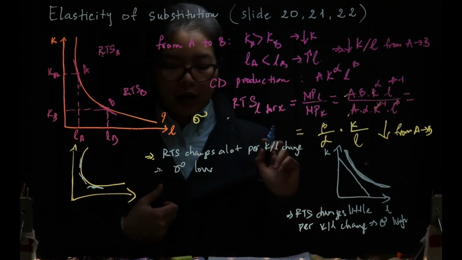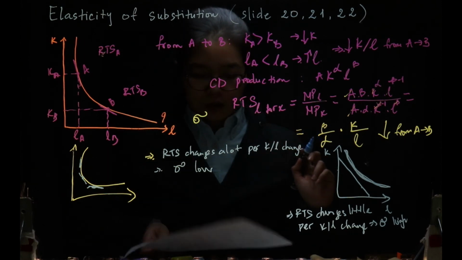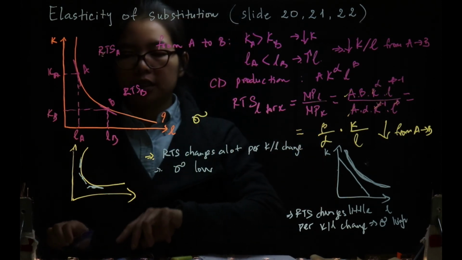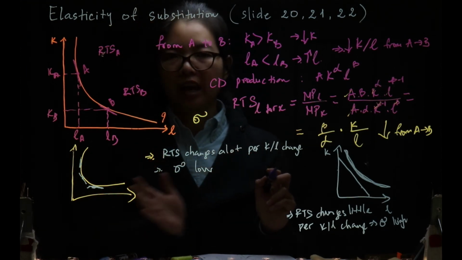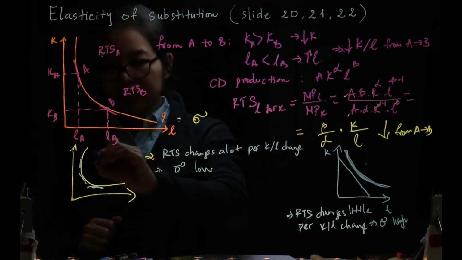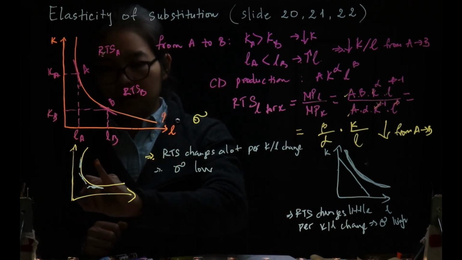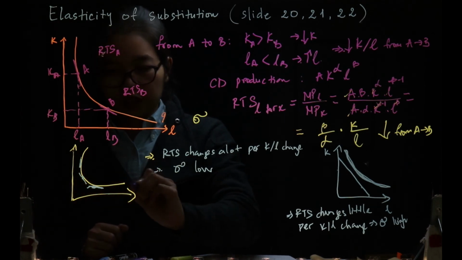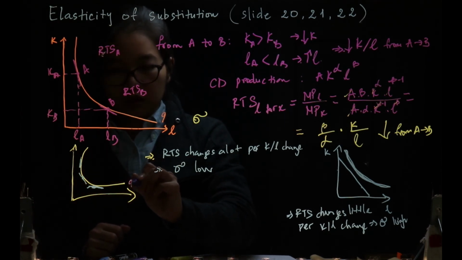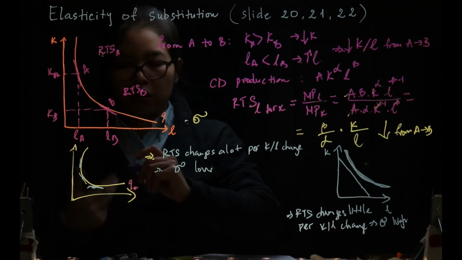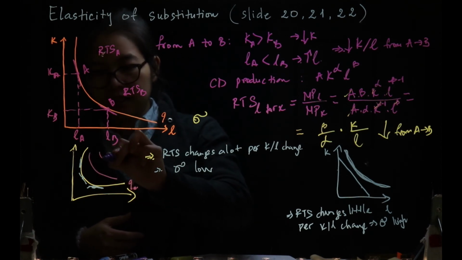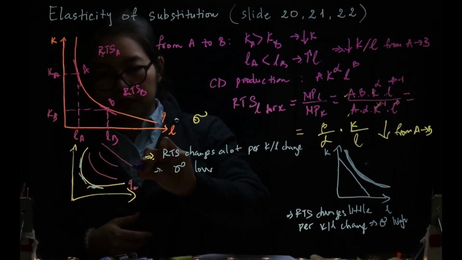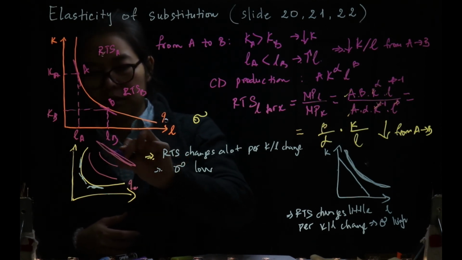Now, there are two cases where the RTS, or the sigma, can also change when you scale up the production. So one case is like this. It starts at a low level Q0. It's very curved, so hard to substitute. But the more you scale up, the flatter it gets. At the end it will be linear, maybe at some point.